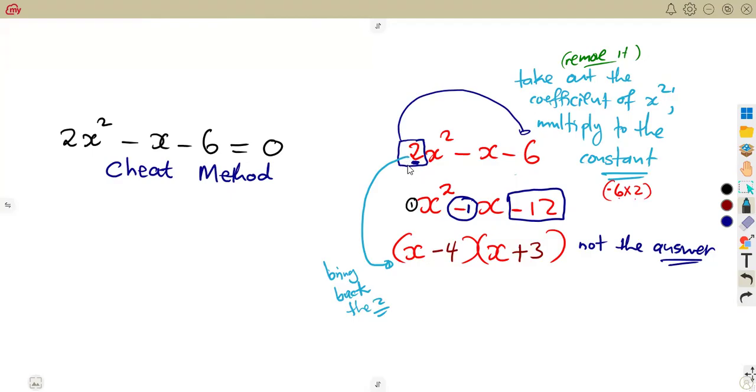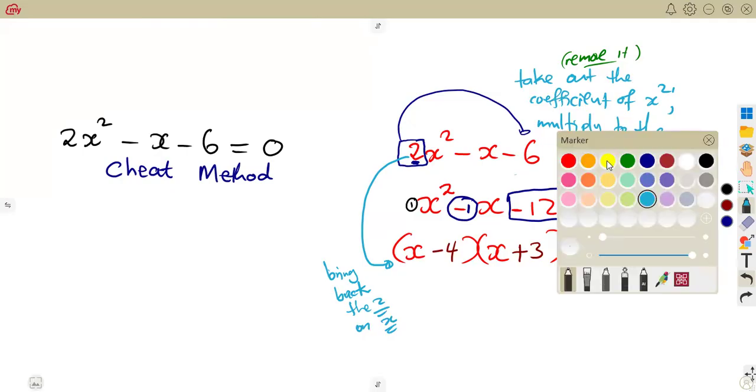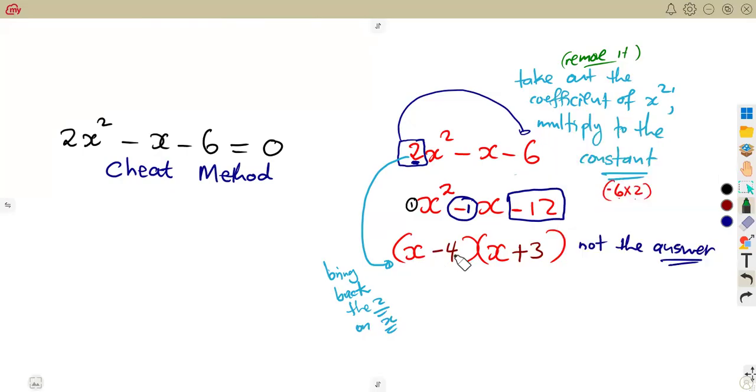Any number that is here, you have to bring it back, but only affecting where x is. In each bracket, where there is x, we are going to put that 2. So in place of x, it's going to be 2x.